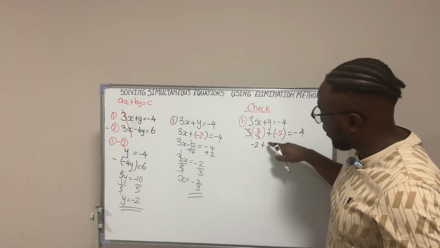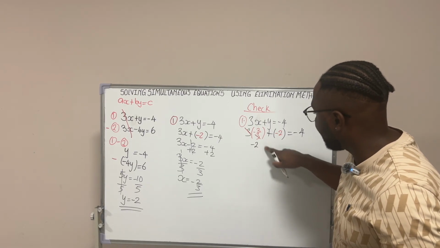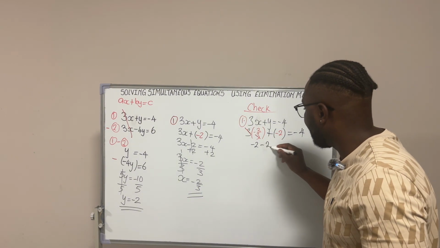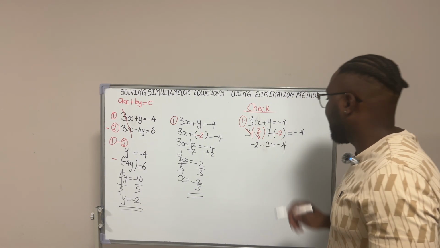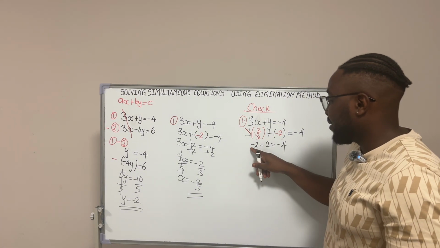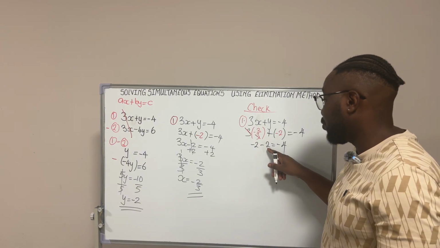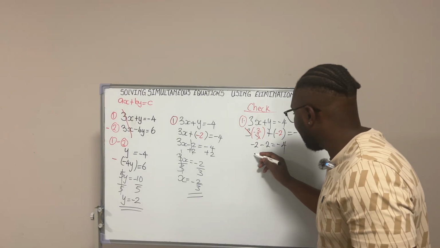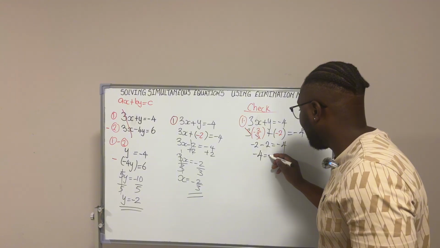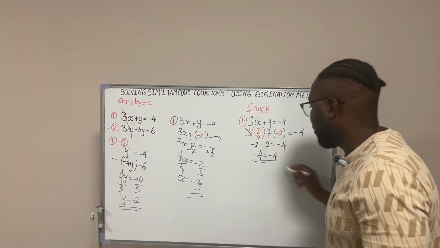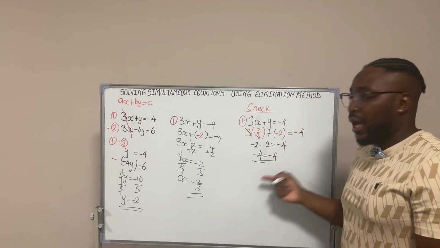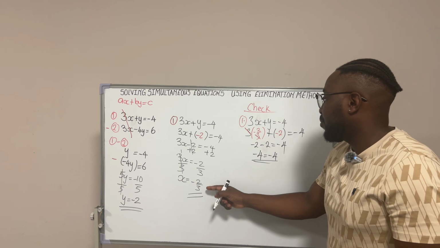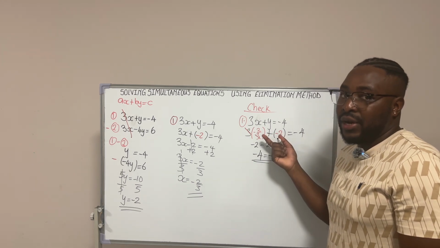That's negative, so our sign will just change to negative 2 equal to negative 4. Negative 2 minus 2 is negative 4, equal to negative 4. So you see, our y and x value work in our first equation.